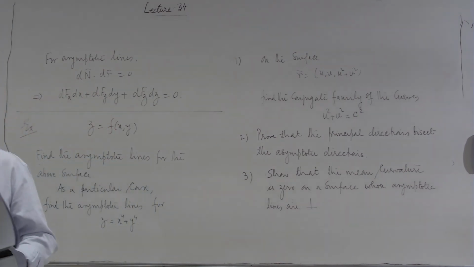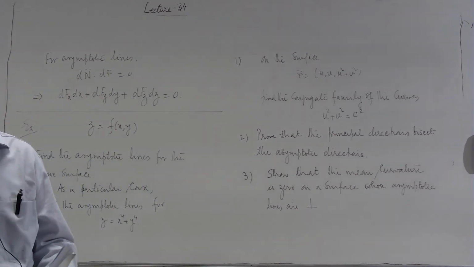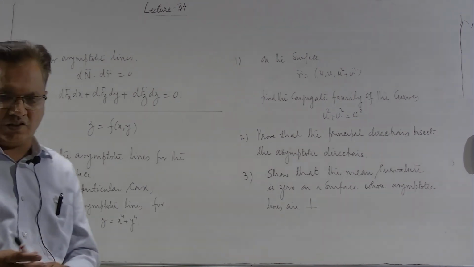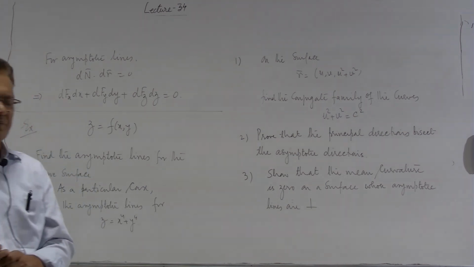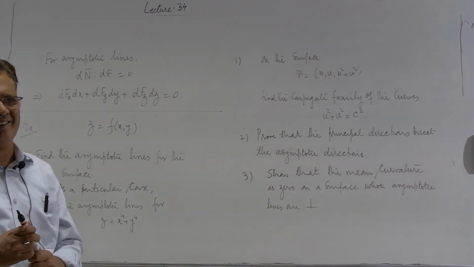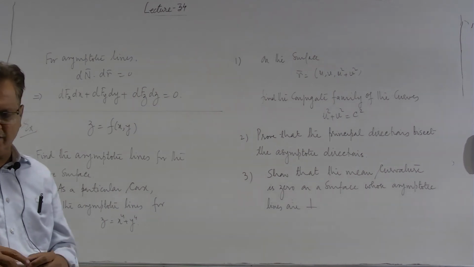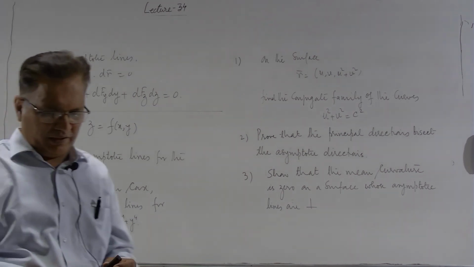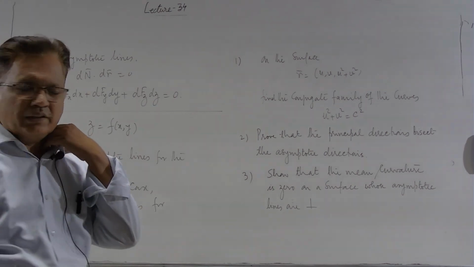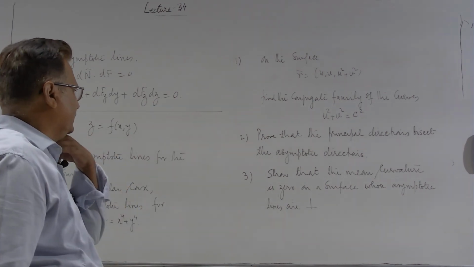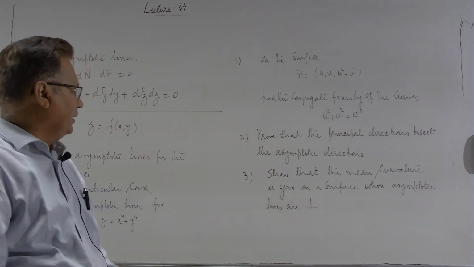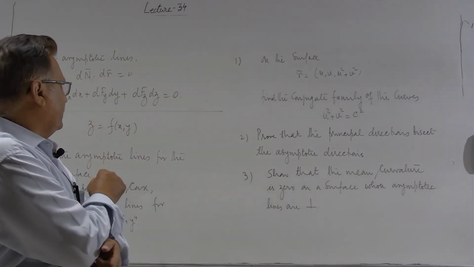If you know the behavior of B_ij's and if you know that the mean curvature is B_ii, that is the sum of B11 plus B22, then you can answer this question immediately. So, the understanding of mean curvature and B_ij and some other condition like orthogonality of the asymptotic directions and the condition on B_ij. I hope I will stop at this point.